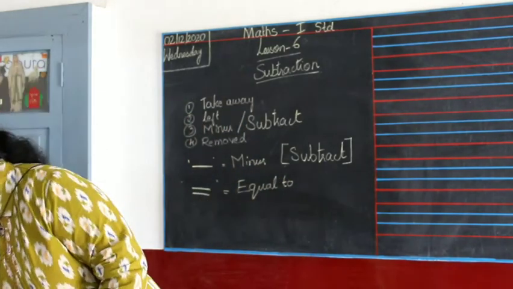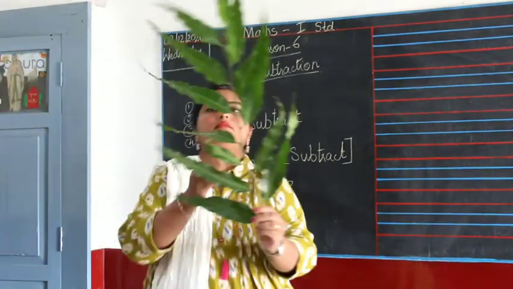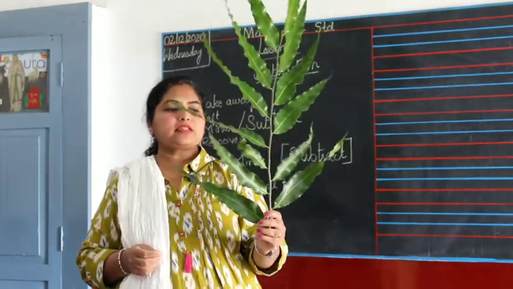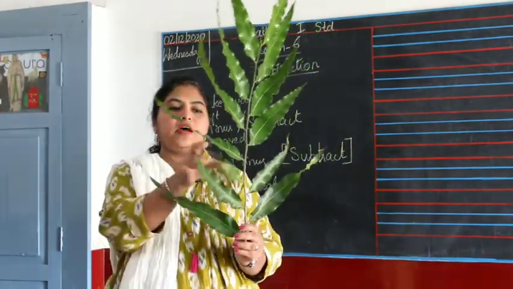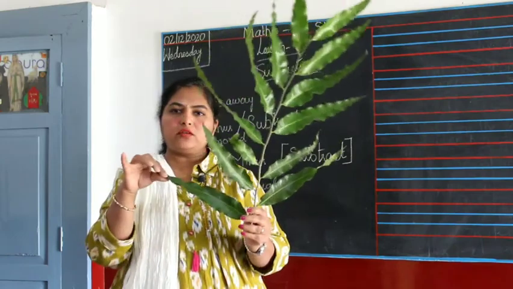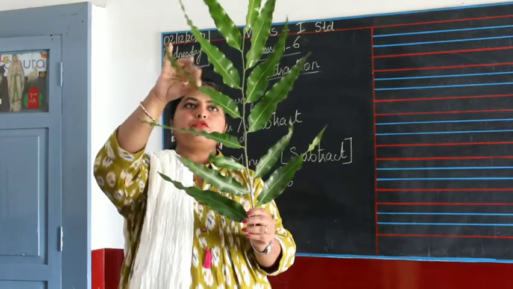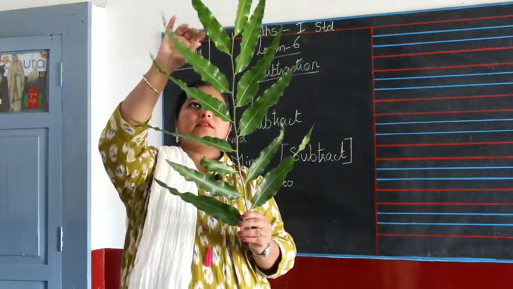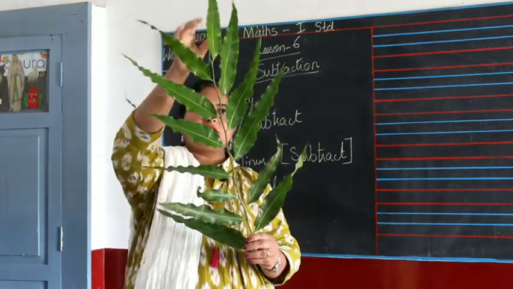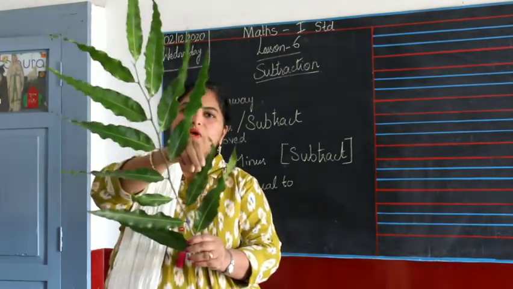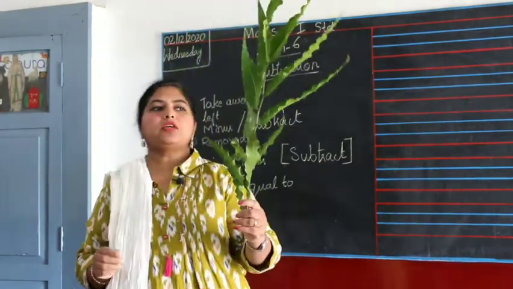So what I have is a small branch from a tree. Let's count how many leaves it has. Okay, 1, 2, 3, 4, 5, 6, 7, 8, 9, 10, 11, 12, 13. So there are 13.